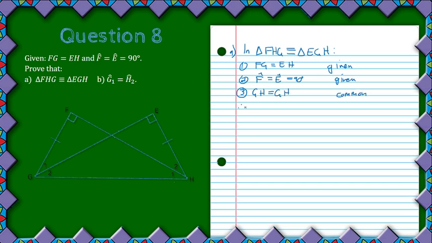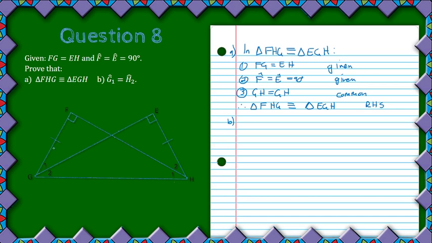and therefore triangle FHG is congruent to triangle EGH. And we have the right angle, hypotenuse and another side, so my reason is RHS, right angle, hypotenuse, side. Then for B, I need to show that G1 is equal to H2.